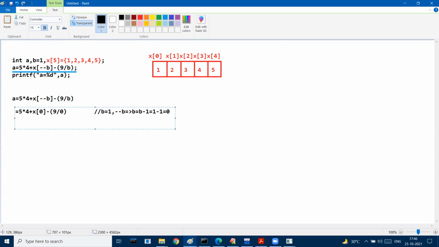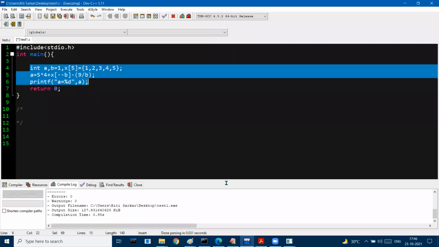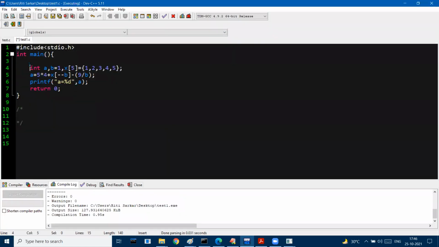Tell me, student, can I divide a number by 0? Is it possible to divide a number by 0? No, it is not possible. In the C programming language, it is not possible to divide a number by 0.